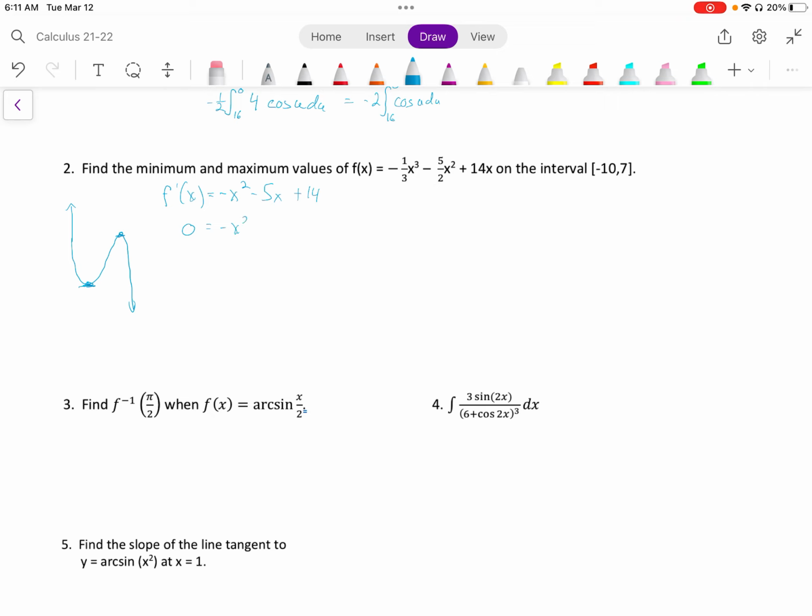So we got negative x squared minus 5x plus 14. We'll divide everything by negative 1. And so that will give 0 equals x squared plus 5x minus 14. And then we factor, and we get x plus 7 times x minus 2, which means our points that we're concerned with here, our critical numbers, are x equals negative 7 and 2.